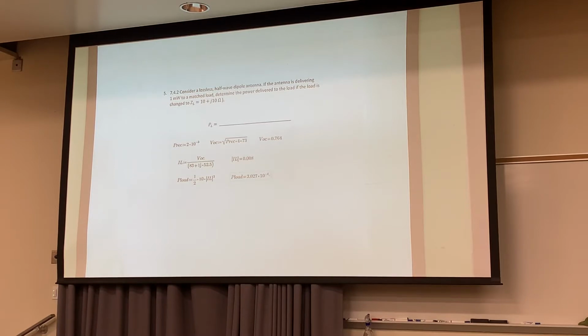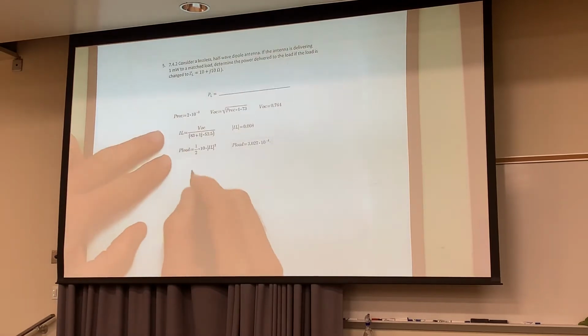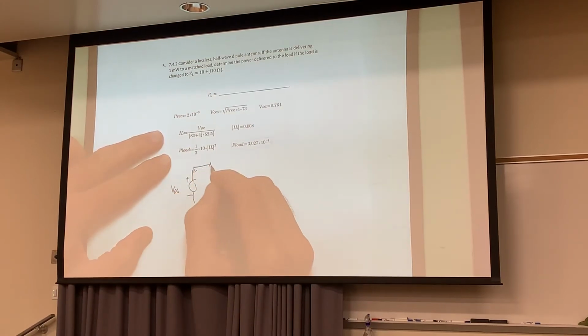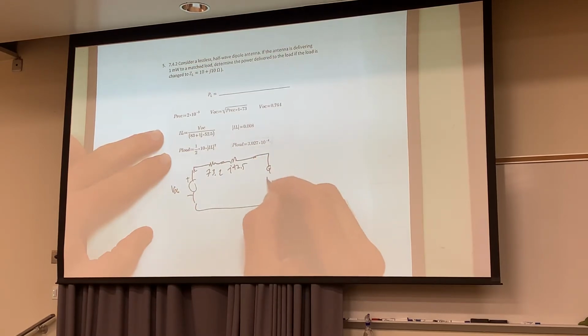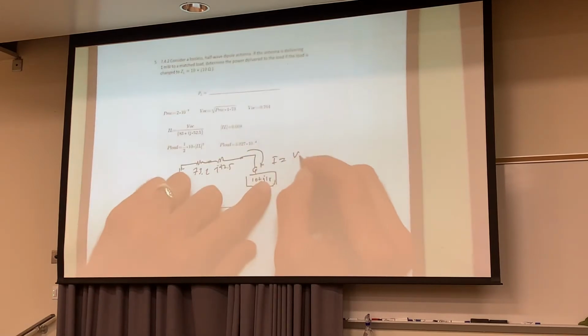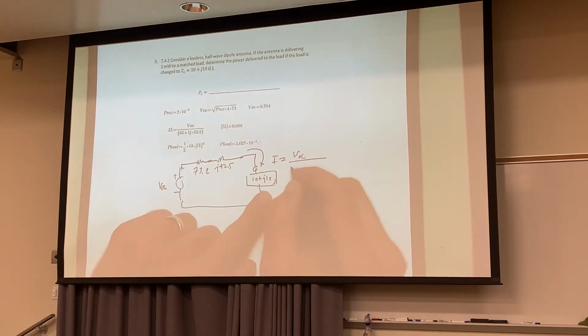Then you simply build a circuit, and if you want me to, I'll build it for you. But it looks just like this. Once you have V open circuit, it's a circuits problem. V open circuit, then you have 73.2, and you have j42.5, and you have your load there, and that's 10 plus j10, and now you need I, and I is simply equal to VOC divided by 83.2 plus j52.5.